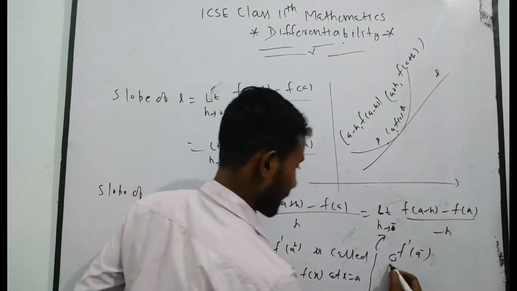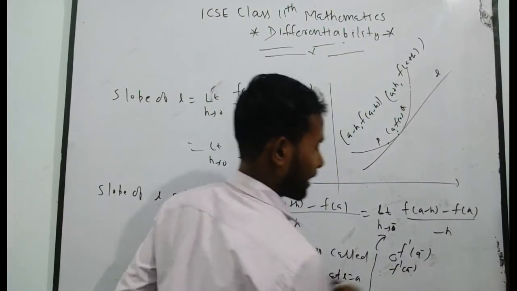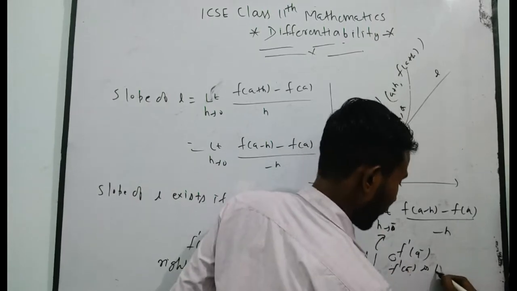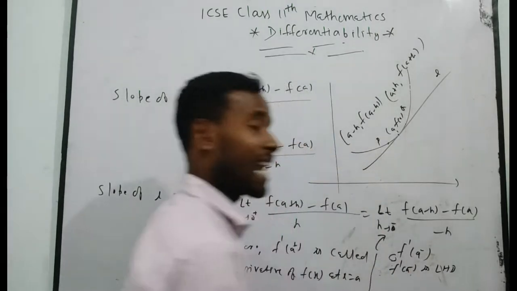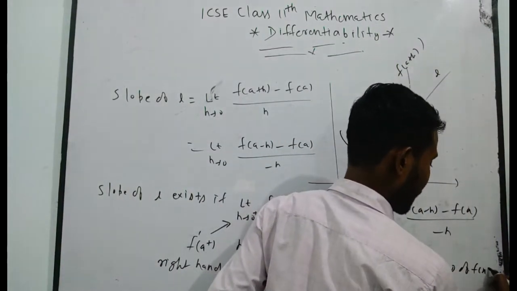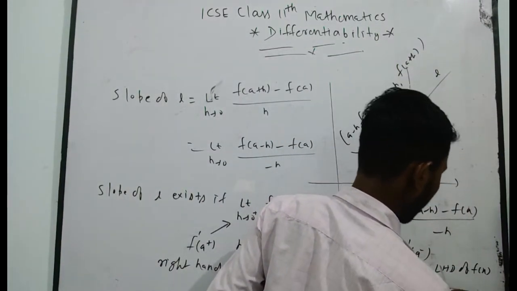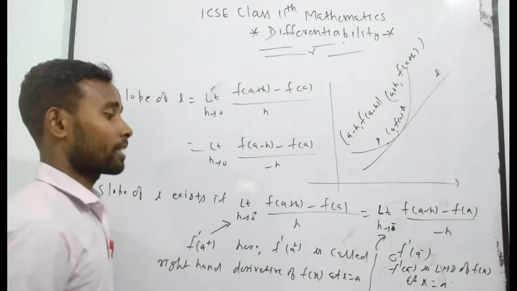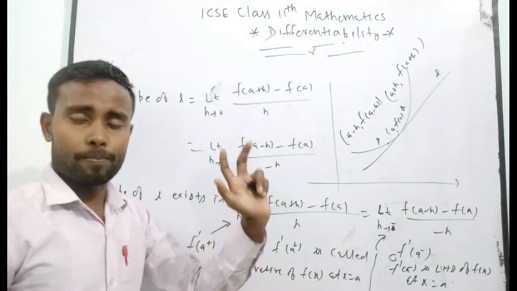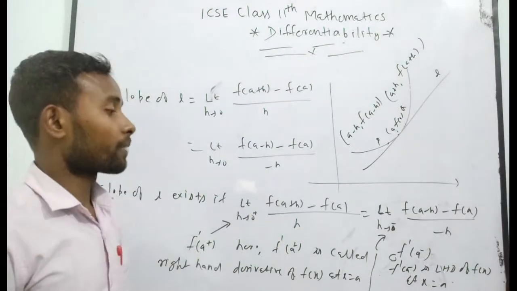You can write f dash a minus is the left hand derivative. In short, LHD is the left hand derivative of f(x) at x equal to a. I think you understand very well. This is the actual concept of differentiability of a function f(x) at x equal to a.